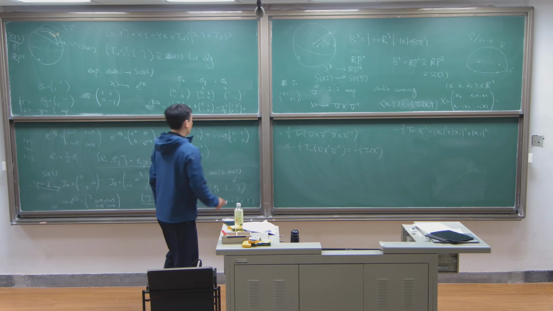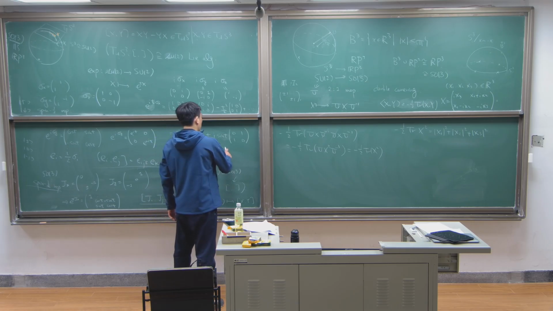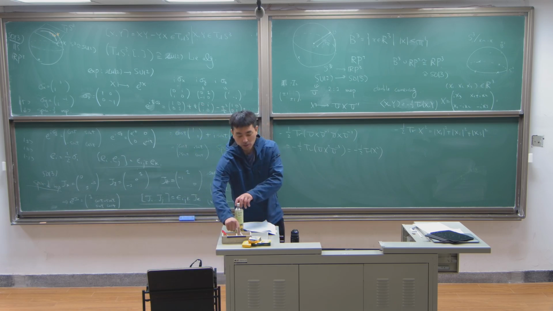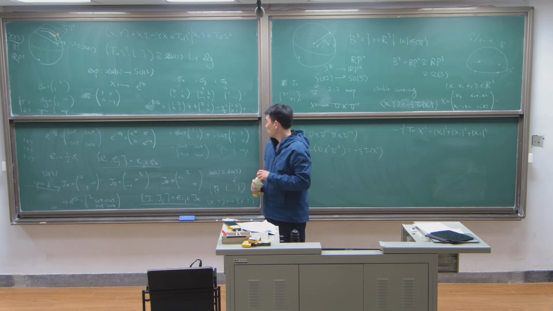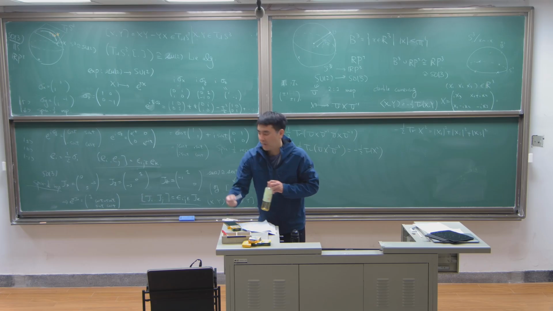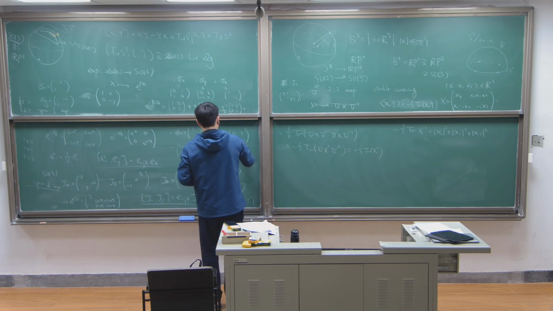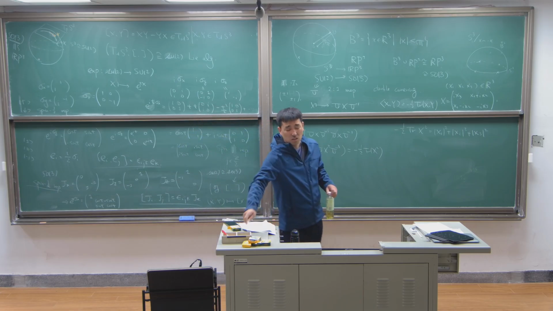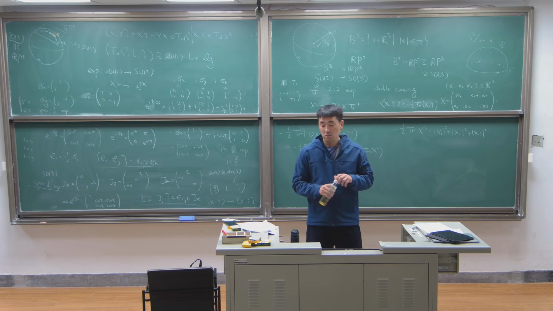And then SU2 has spin J representation in general, where J is a half integer.